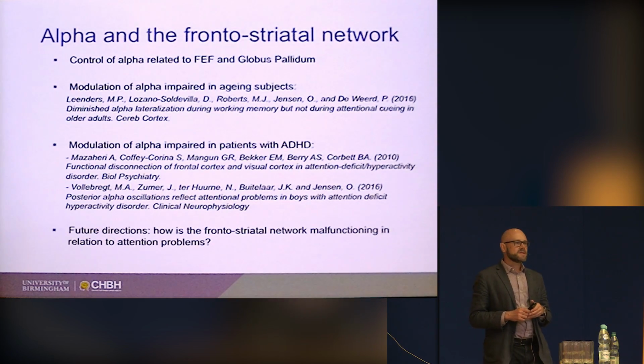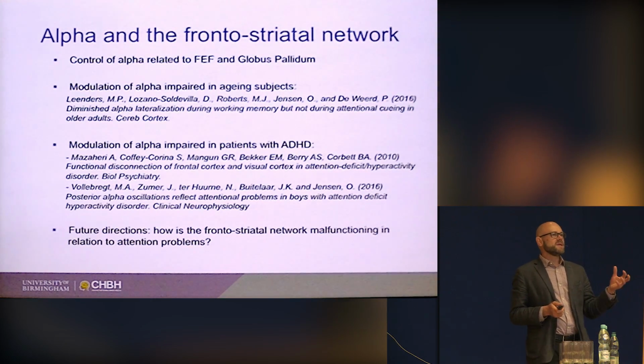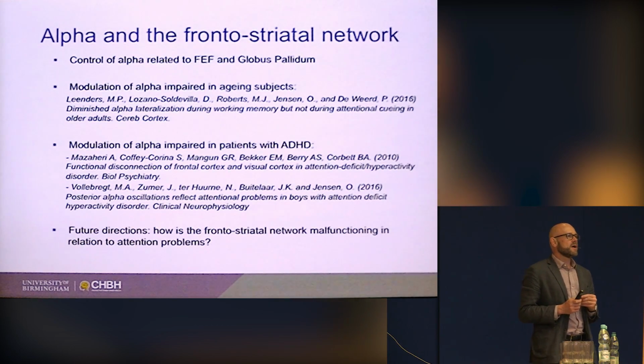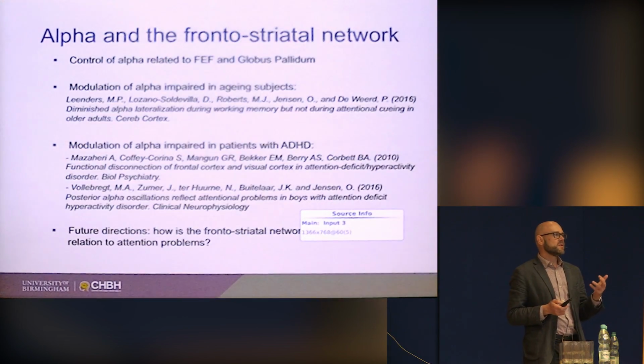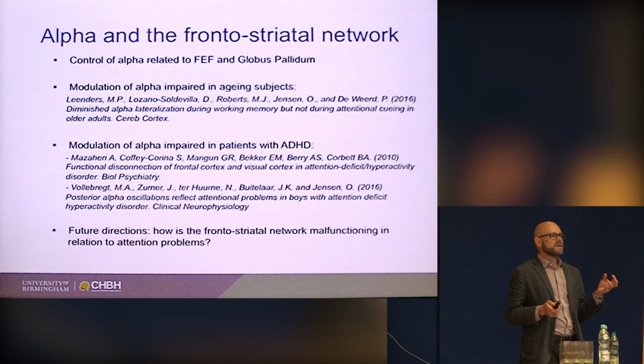So why do we do this? Well, first of all, we are of course interested in just the basic mechanisms, but we're also interested in what's going on in individuals that have problems in allocating their attention, right? So, for instance, the elderly and also patients with ADHD have problems in modulating attention.